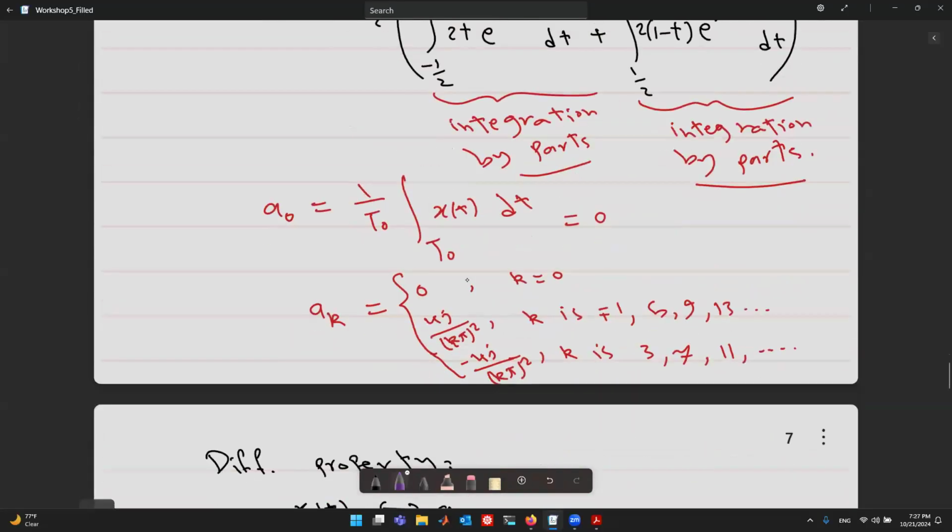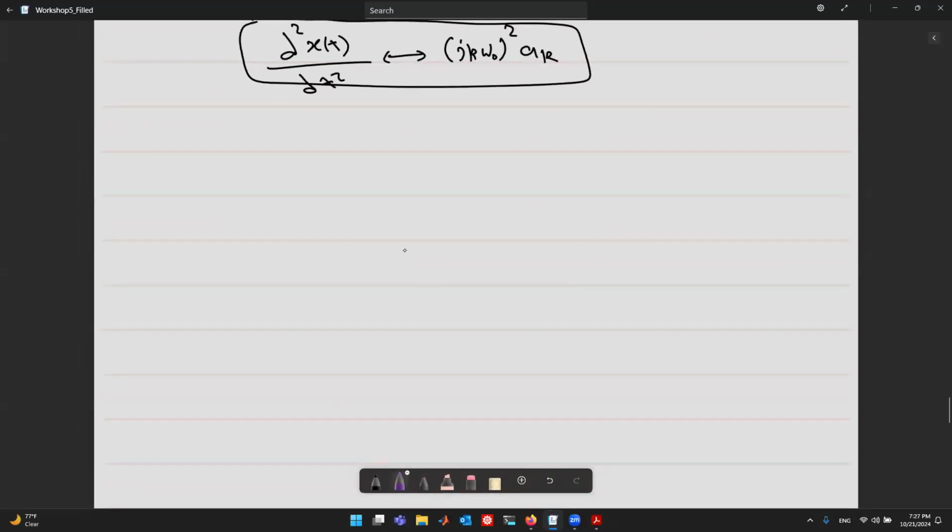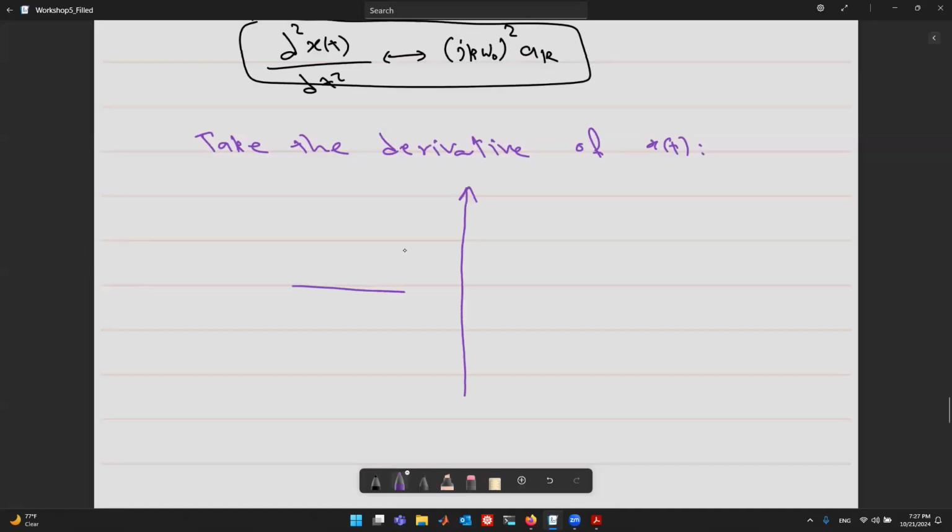Let me draw it here. Take the derivative of xt, so this is the dxt dt, and it will be 2.